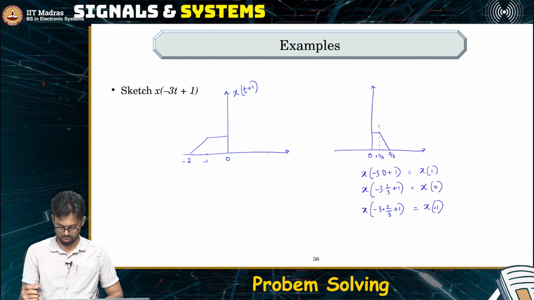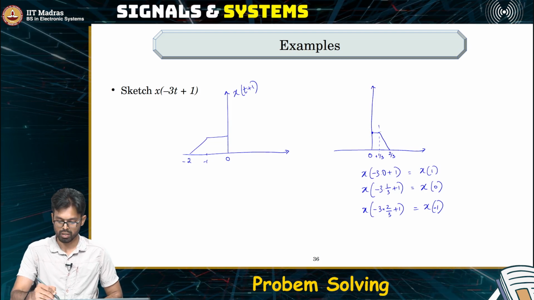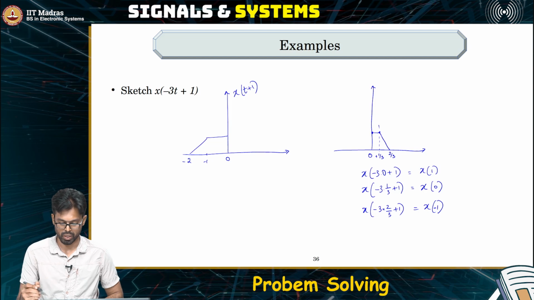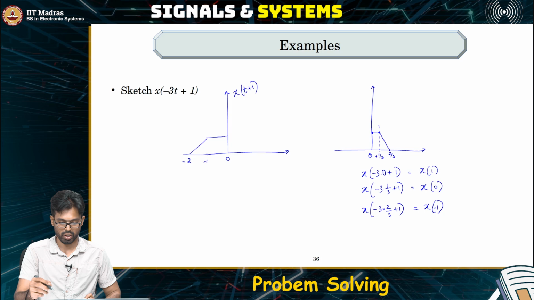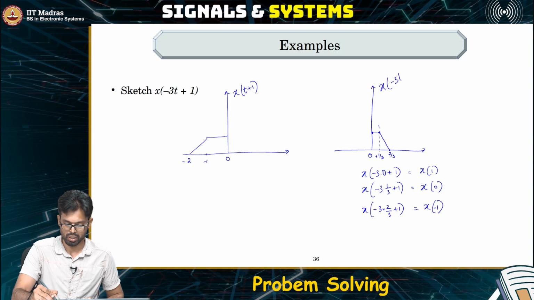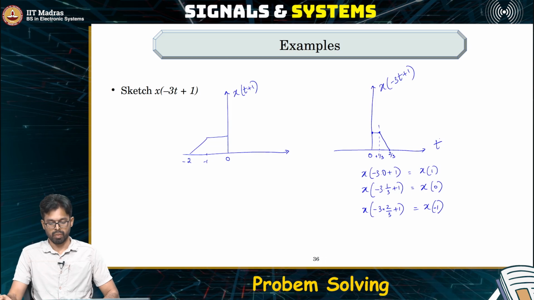Which is exactly what we got. So this point is x of 1, this point corresponds to x of 0, and this point corresponds to x of minus 1. Okay, this is x of 3t plus 1.